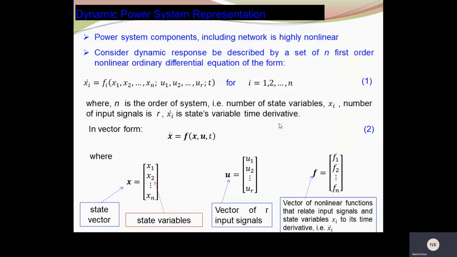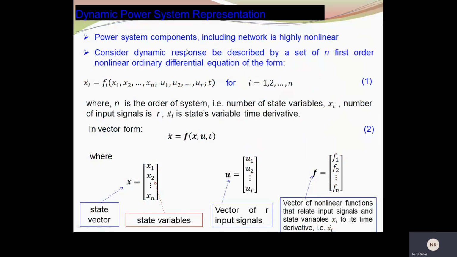This could be a static load or a dynamic load, represented by large induction motors. Thus the power system components, including the network, have highly nonlinear behavior.